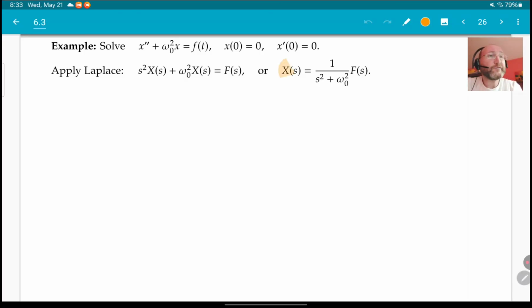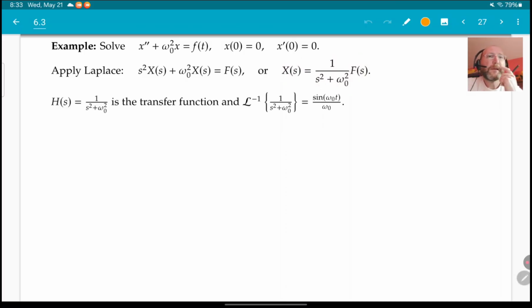We can solve for capital X, the Laplace transform of the solution. And you have this expression over here. Notice that it's a product. And this 1 over s squared plus omega naught squared is the transfer function that we've seen before, and its inverse transform is sine of omega naught t divided by omega naught. So it's almost the sine.